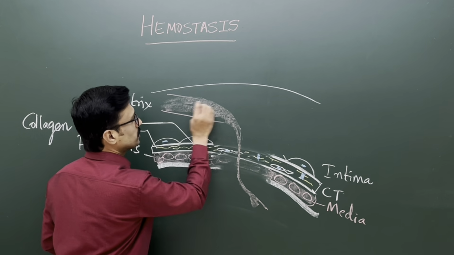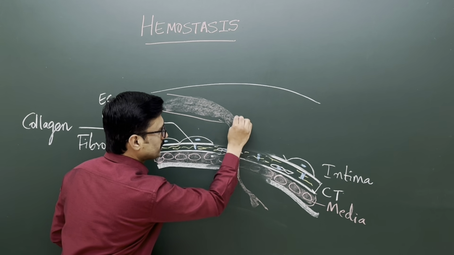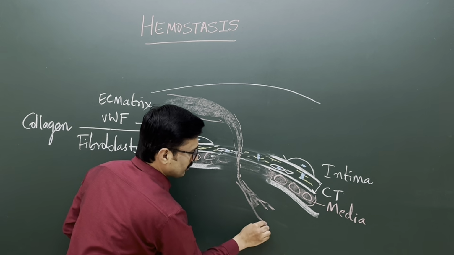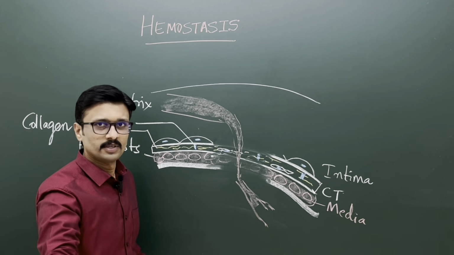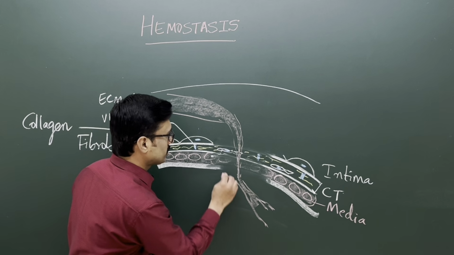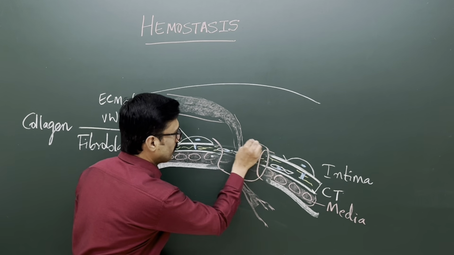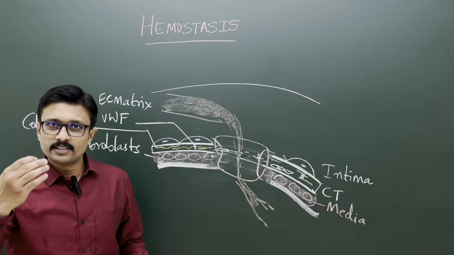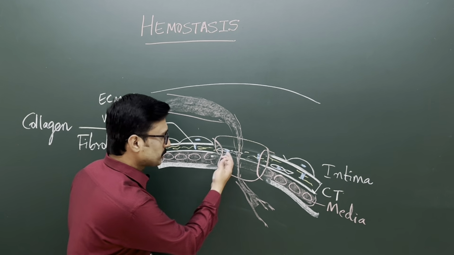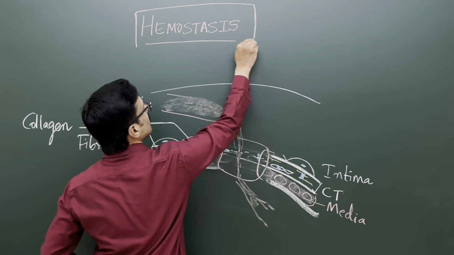The blood which is usually flowing in the circulation can escape through this portion. So this is blood loss. Now we need to understand various mechanisms to prevent this blood loss through the damaged portion. Through this damaged portion there is bleeding, and the various mechanisms to prevent blood loss are hemostasis.